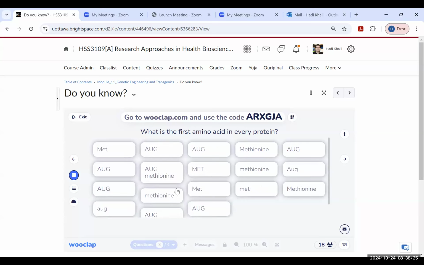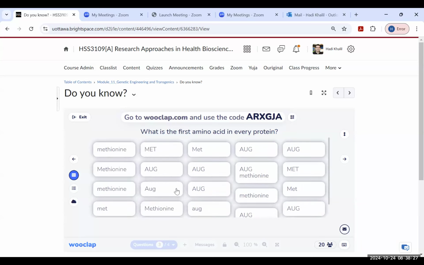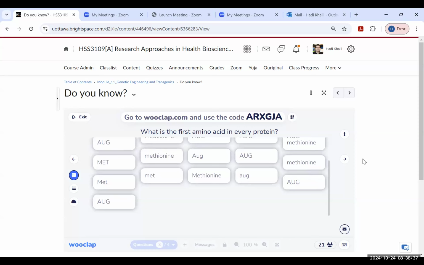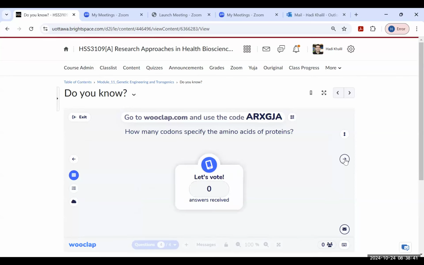Everybody knows that it's methionine. And the codon that encodes the methionine is the AUG. Awesome.